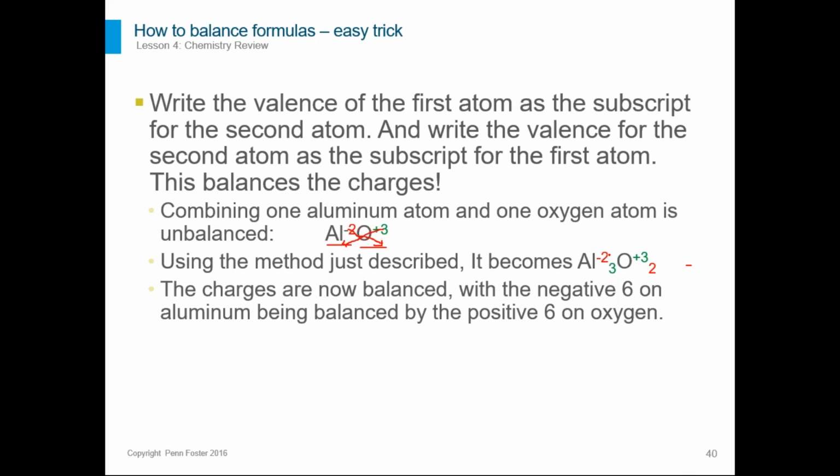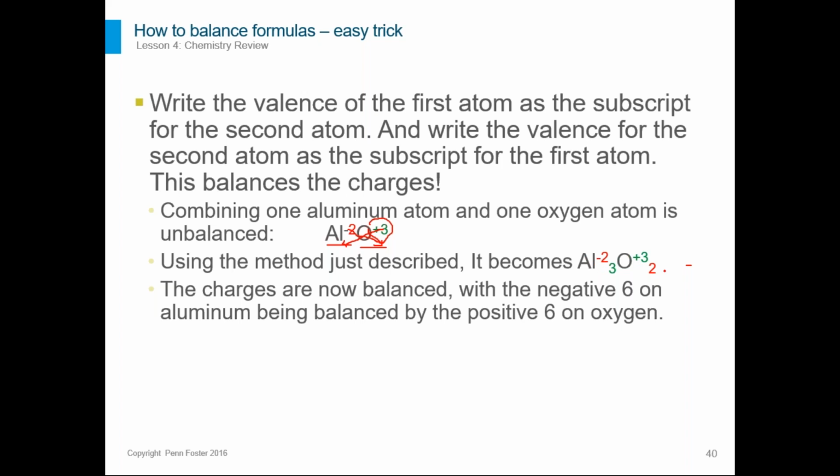So we have aluminum, we still have the -2 for now, and we put a 3 there. Again, this is just a trick. We're just cheating. We're taking this number, and we know that number has to go with the first element. So we just switch them. So aluminum, -2, we're going to put a 3 as the subscript. Oxygen has a valence of +3. We're going to put a 2 as the subscript.